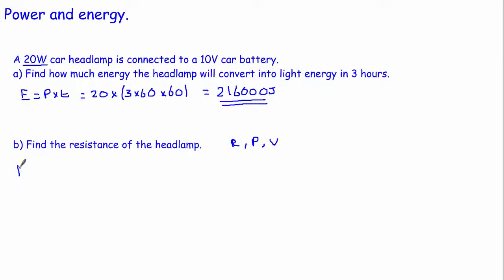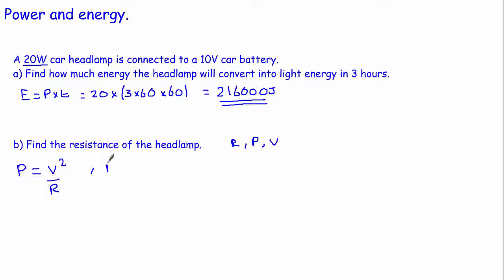Now if we go back and see the slide before, P is equal to V squared over R. So if I know the potential difference and the resistance, for example, then I can work out the power. In this case though, we know the power and the potential difference, and we want the resistance.